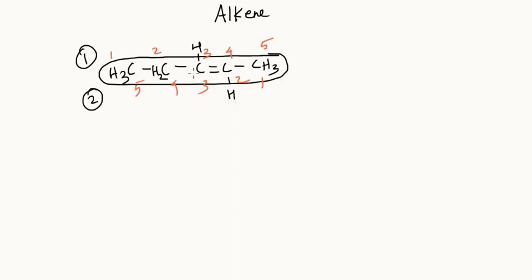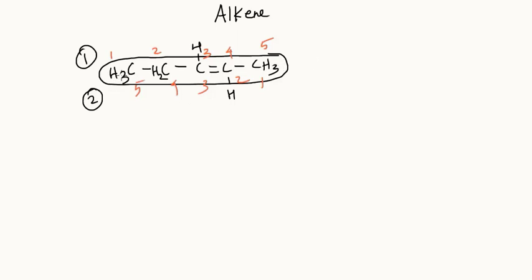The second one is getting the least possible number, so we will be selecting that. How would we write the name for this? Whenever the double bond is between 2 and 3, you will be writing 2, and whenever it's between 4 and 5, you'll be writing 4, because you have to basically give the least possible number to the double bond.